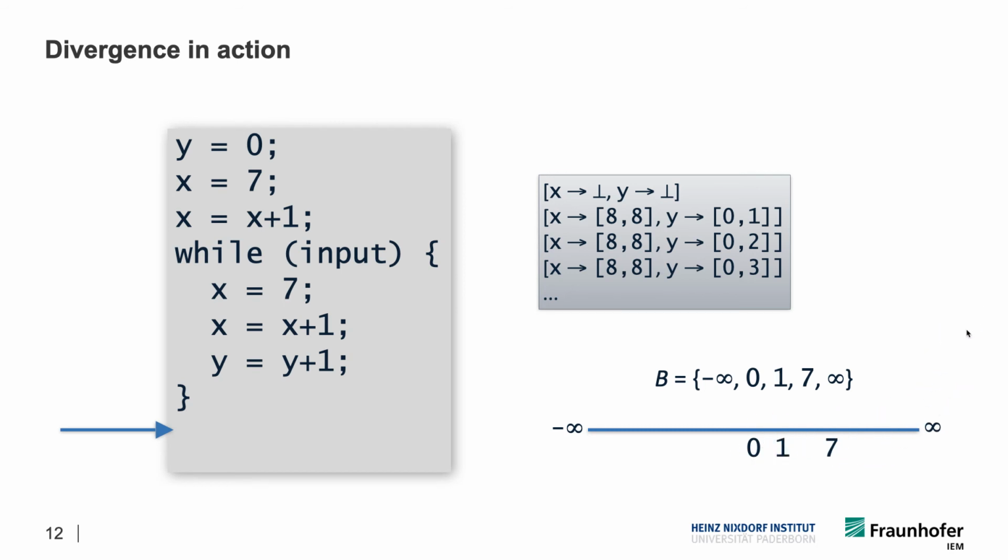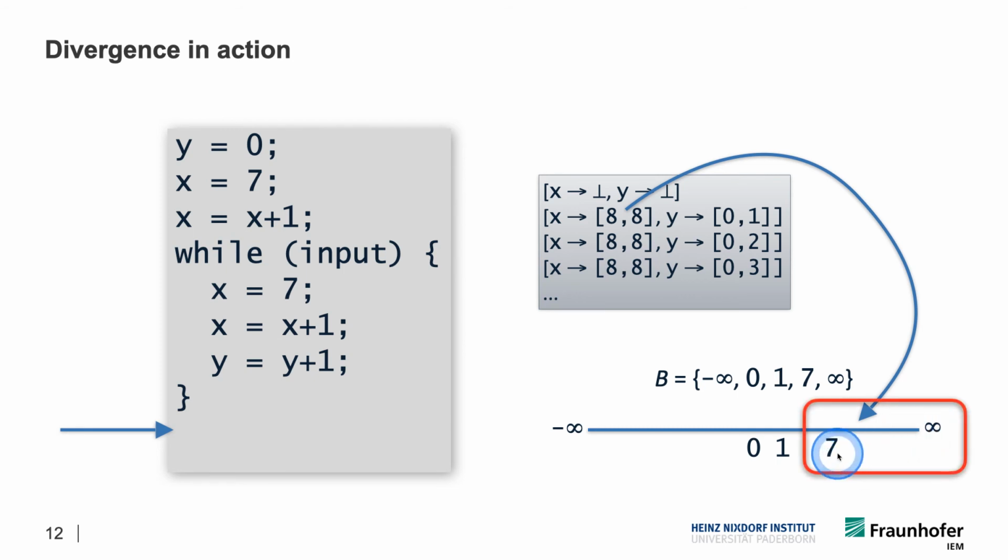And so basically, you now have these natural numbers that you see down here. And now we have to see how we replace these regular intervals by their widened representations. So, for instance, if we look at the interval from 8 to 8, then this basically falls here, right? So it's larger than 7 and it's smaller than infinity, of course. So now we are choosing the interval from 7 to infinity to represent that original interval.